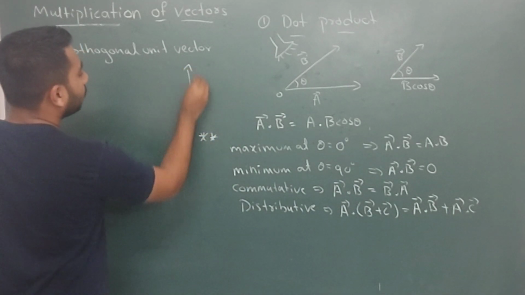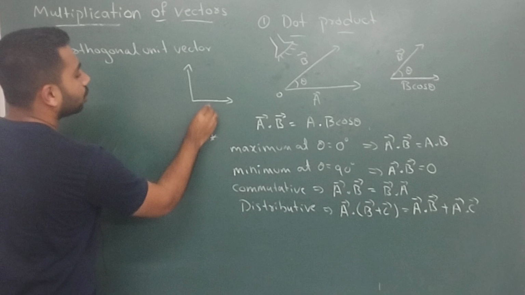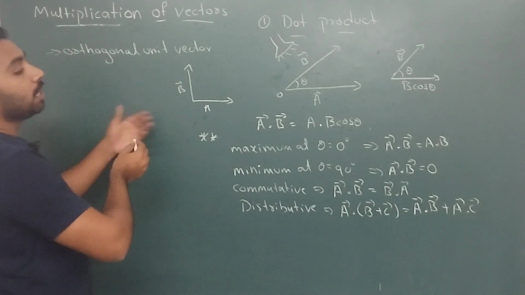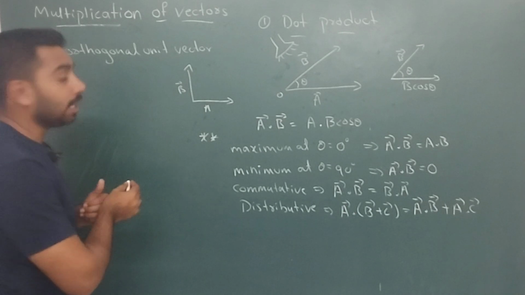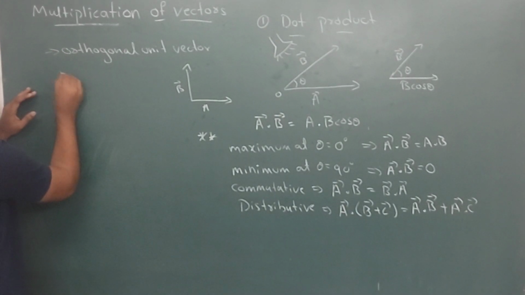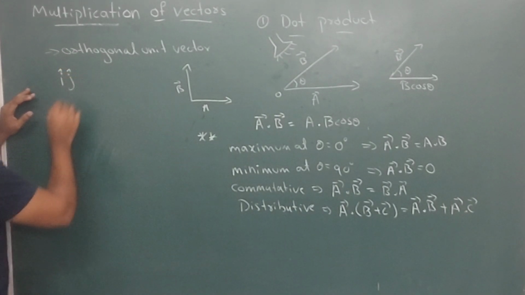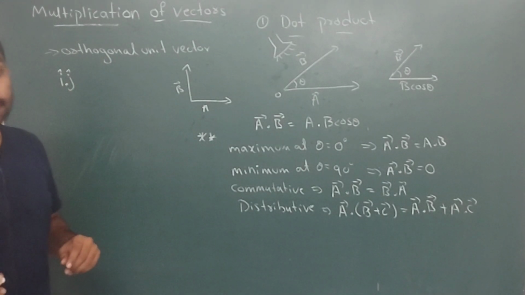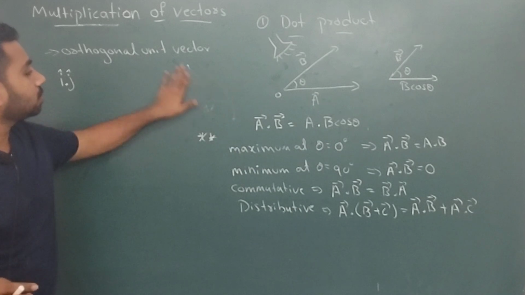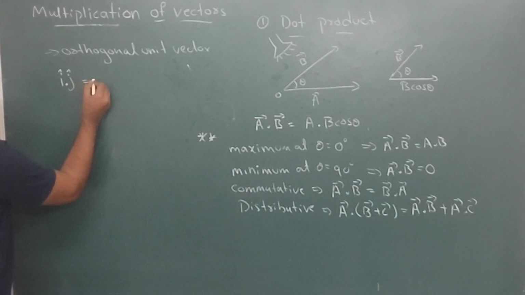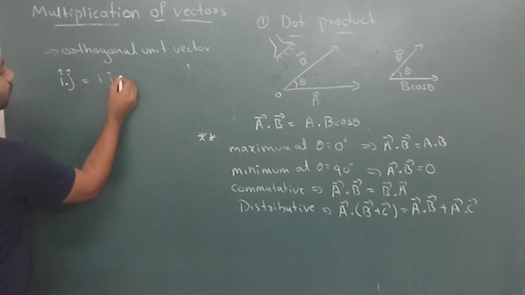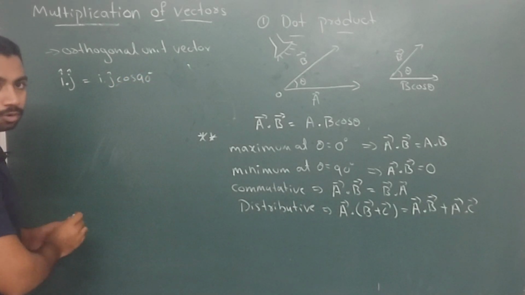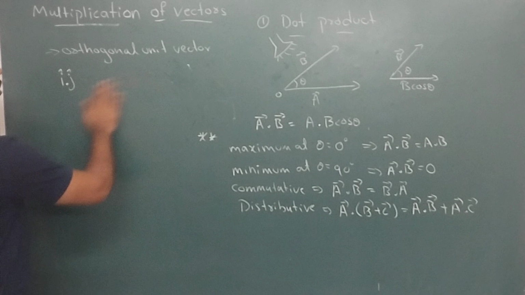If two vectors, let's say i and j, are perpendicular to each other, then the angle is 90 degrees. The dot product of i and j is i into j cos 90 degrees, which is equal to 0, because both i and j are perpendicular to each other.